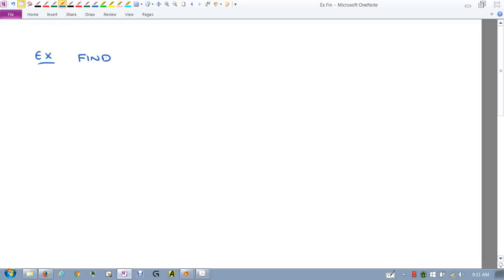Find the limit as n goes to infinity of the sequence n over n plus 1.